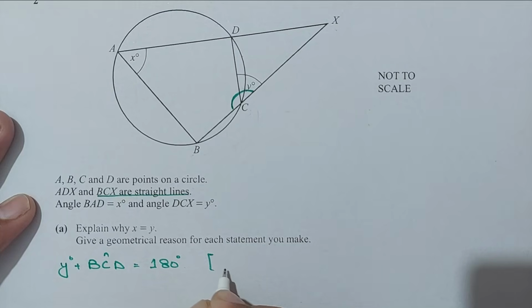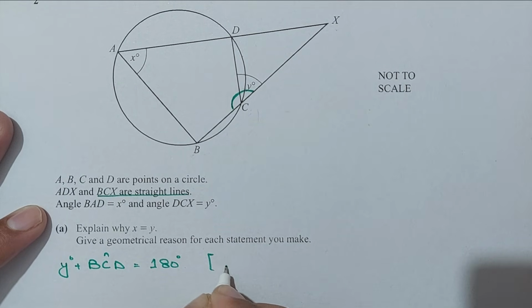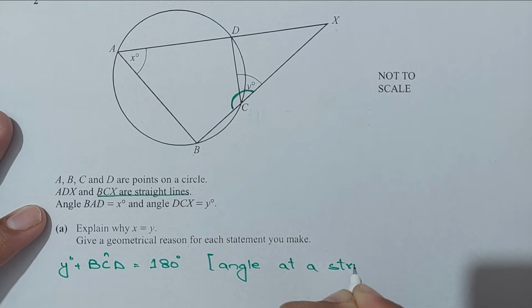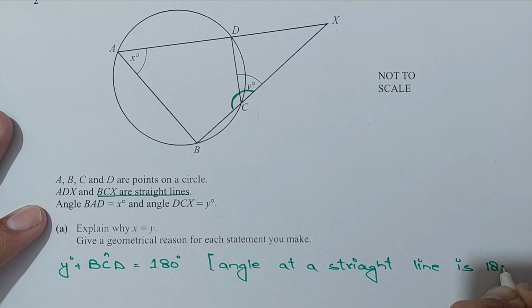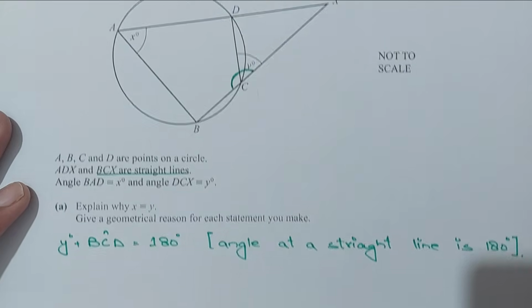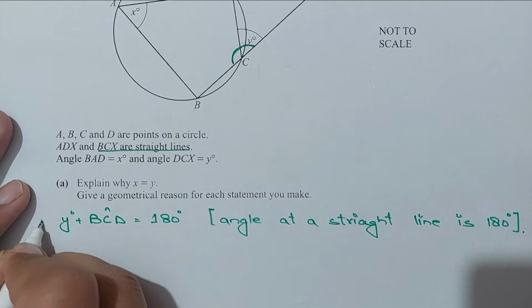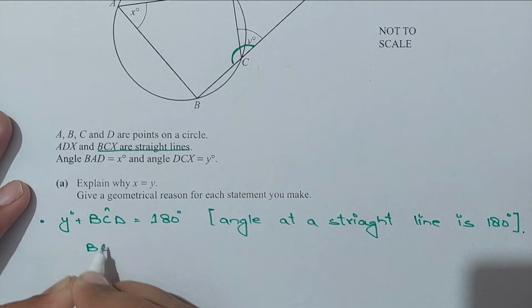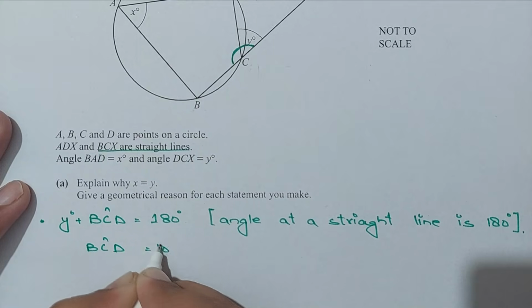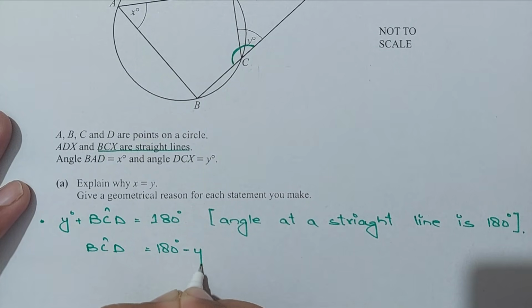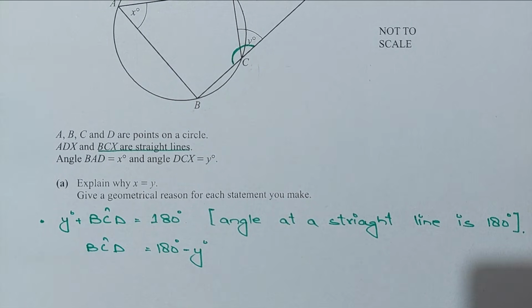And the reason is angles at a straight line are 180. That is the reason, right? Now from here we know that BCD would be equal to 180 degrees minus y.